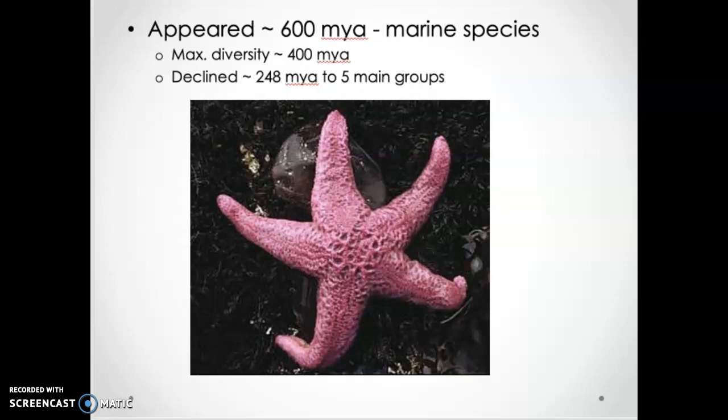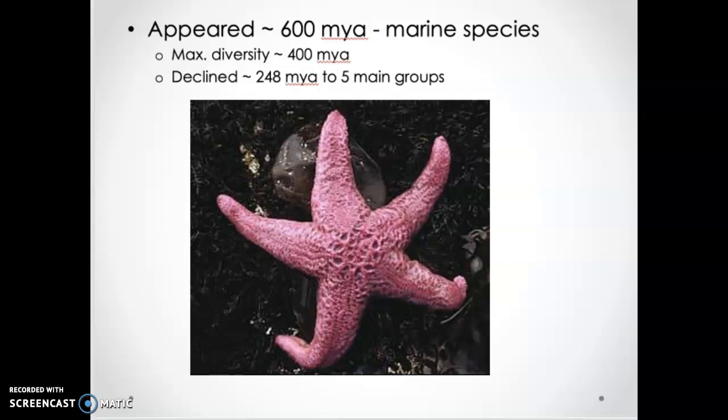When we look at the diversity, the maximum diversity occurred about 400 million years ago. Then, due to natural extinctions, mass extinctions, and other events, we see the diversity decline, and it settled out about 248 million years ago. The 5 groups we have today are the ones that were present 248 million years ago.